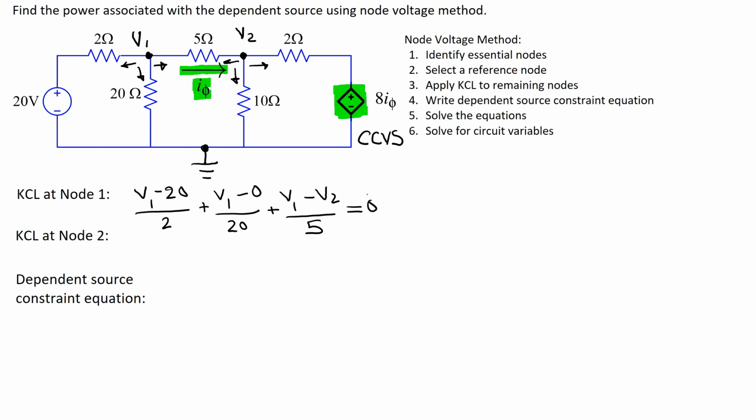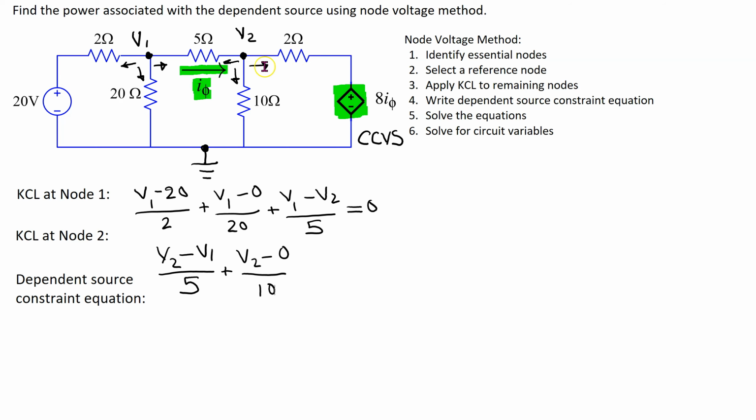We repeat the process at node 2. The branch current through the 5 ohm resistor is now given by voltage at this side minus voltage at this side divided by resistance, so this is V2 minus V1 over 5. The branch current through the 10 ohm resistor is given by V2 minus 0 over 10. And this last branch current is obtained by using Ohm's law.